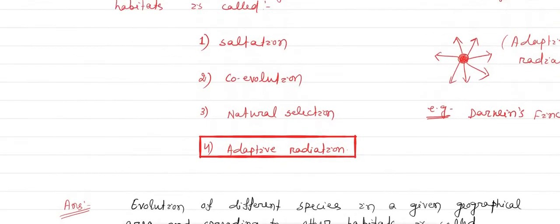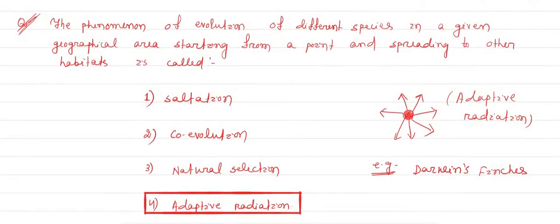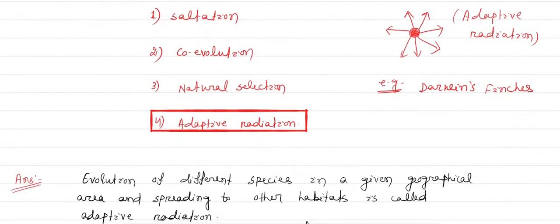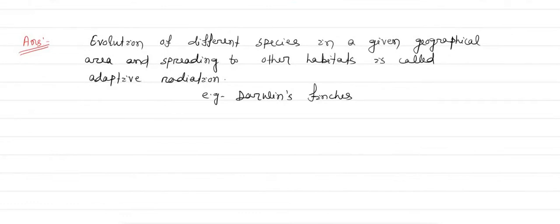Let's see the other options. Here, one option given is saltation. Saltation is nothing but mutation, that is a sudden change in a gene, not a gradual change. It was proposed by Hugo de Vries.